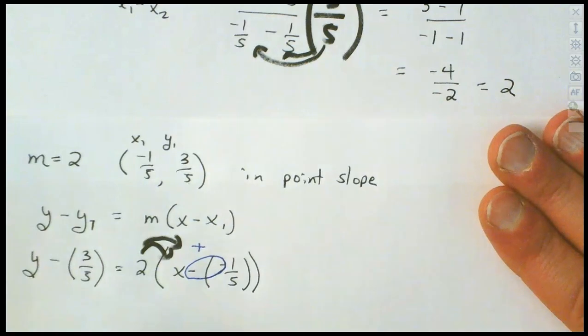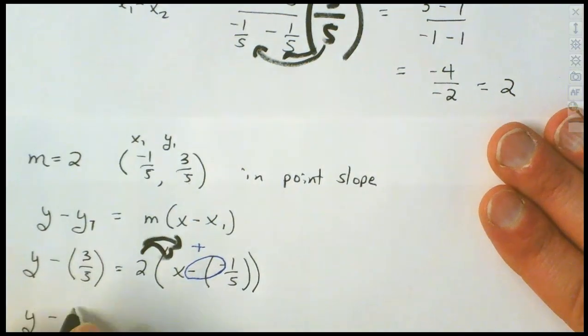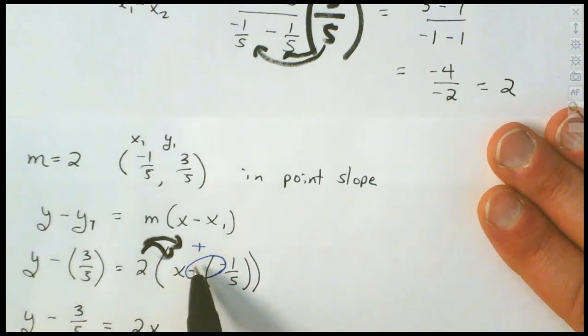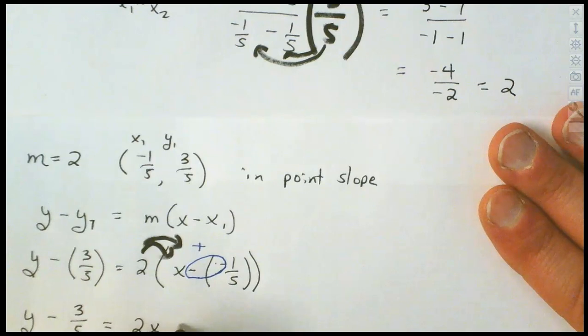And that's going to now leave me with y minus 3/5 equals 2x. Double negative made that positive. And 2 times that 1 makes it a 2/5.